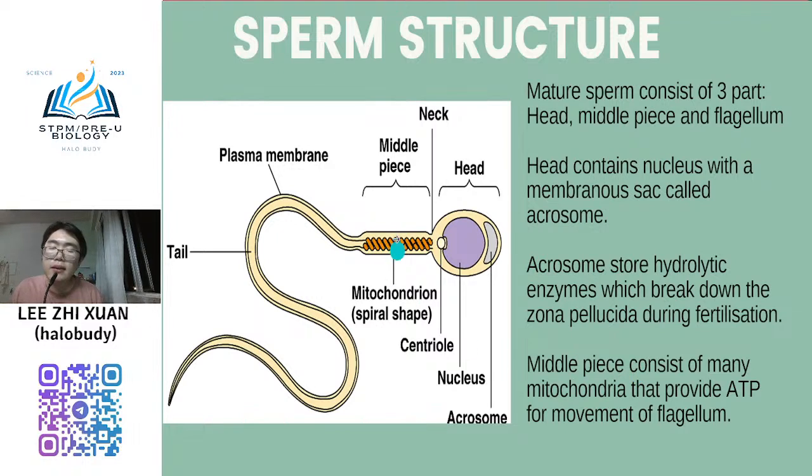In the middle we have the mitochondria, which provide energy to the tail, or flagellum, for swimming. This provides the movement of the sperm so that it can swim from the female vagina until it reaches the female fallopian tube.